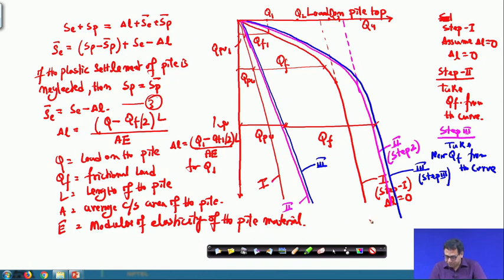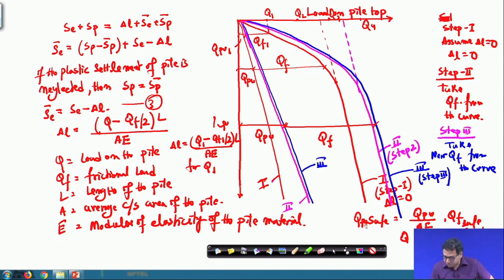If you want to get the safe QPU, then from this point you multiply it with the factor of safety. Okay. Similarly, for friction also, for the safe value you divide the frictional force by the factor of safety.